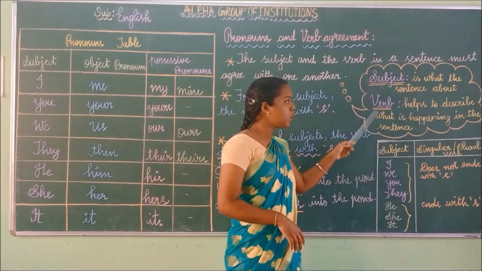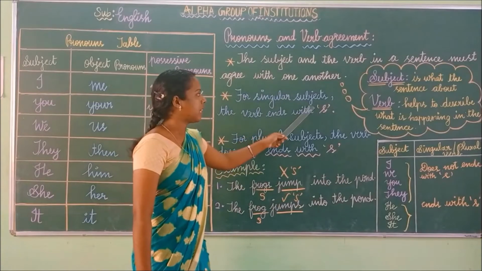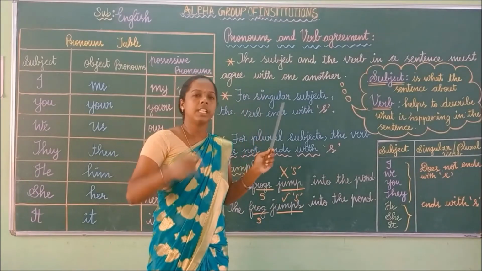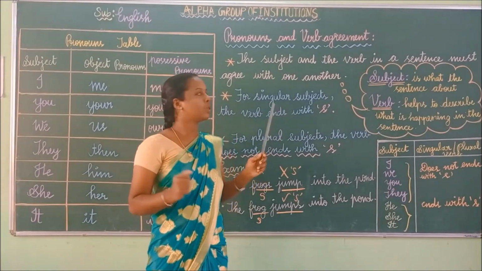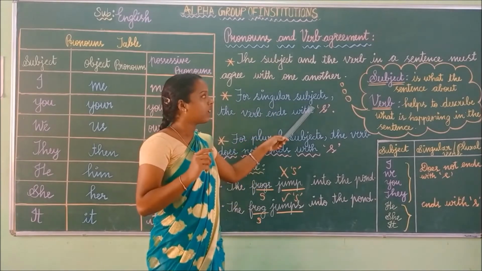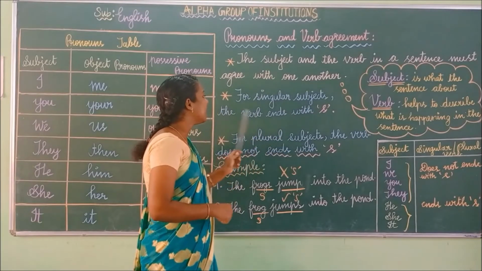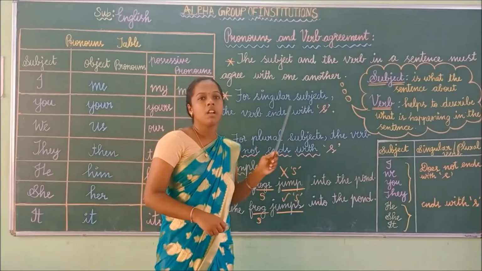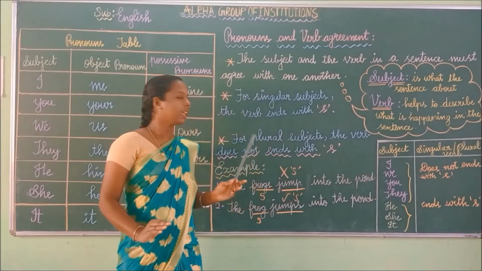For singular subjects, in the previous class we have learned what is singular and what is plural. Singular means only one. For a singular subject, the verb always ends with "s".